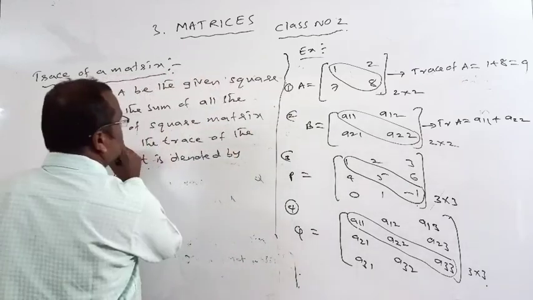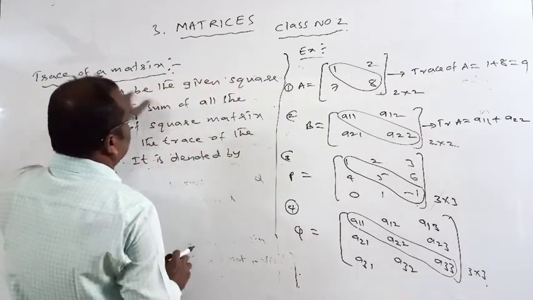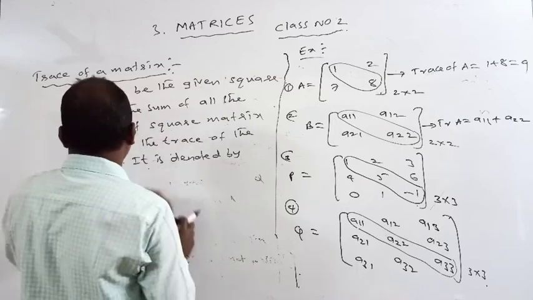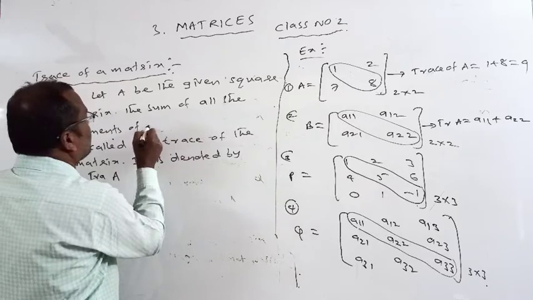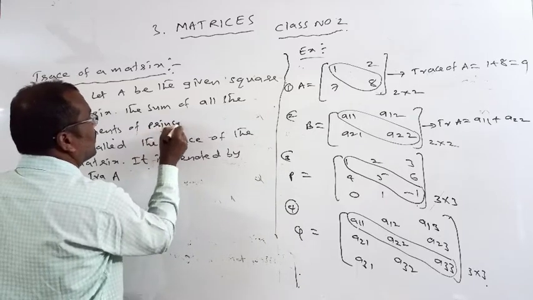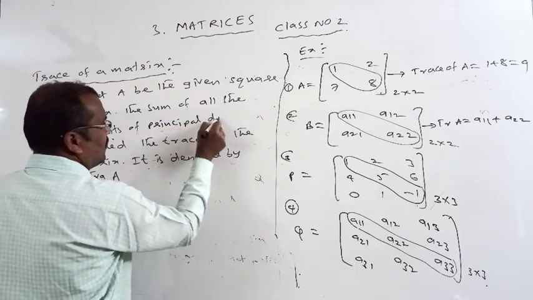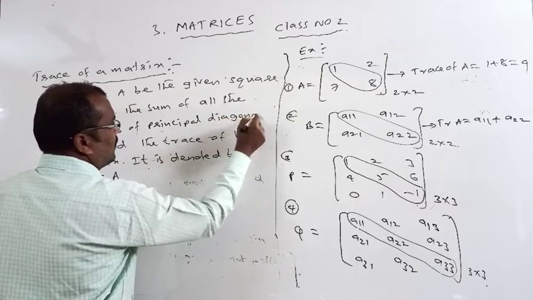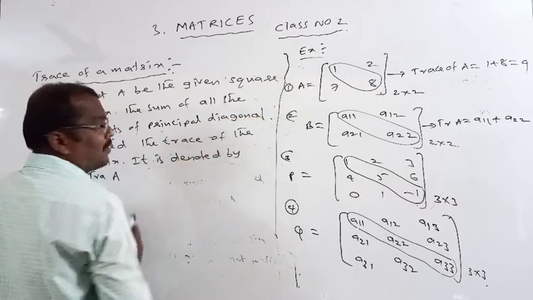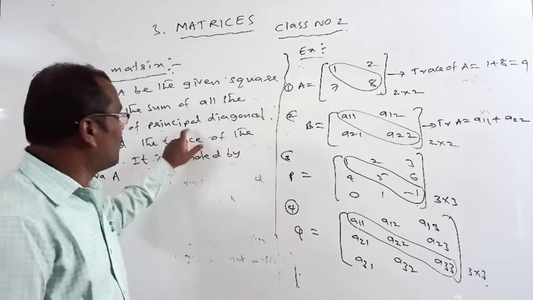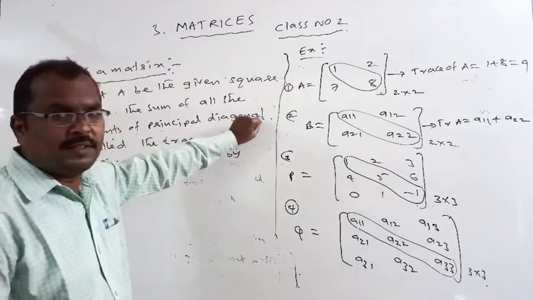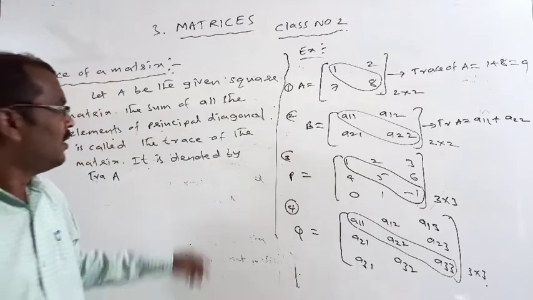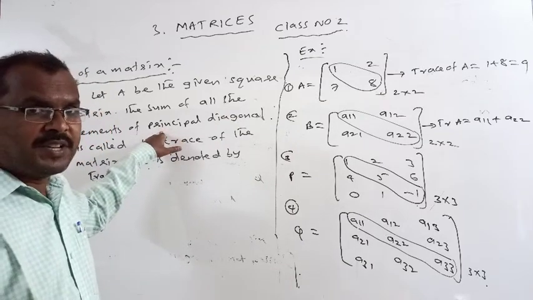Let A be the given square matrix; the sum of all elements of the principal diagonal. Please see the definition here. All the elements of the principal diagonal, just the principal diagonal.